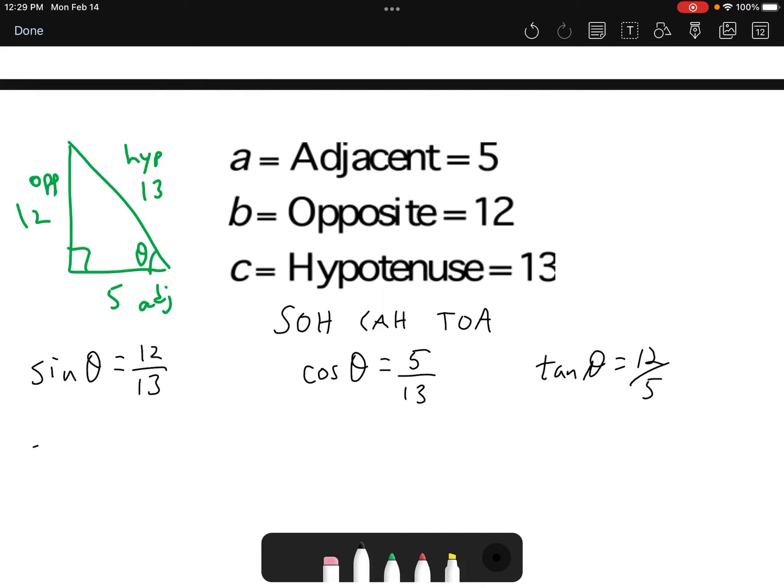So now you can obviously guess what cosecant will be. It's just the reciprocal. The secant, just the reciprocal, and the cotangent, just the reciprocal. In right triangles, guys, we're never going to have negative numbers for legs or hypotenuse because we can't have a side that's negative. So that's how it's a little bit different than unit circles.